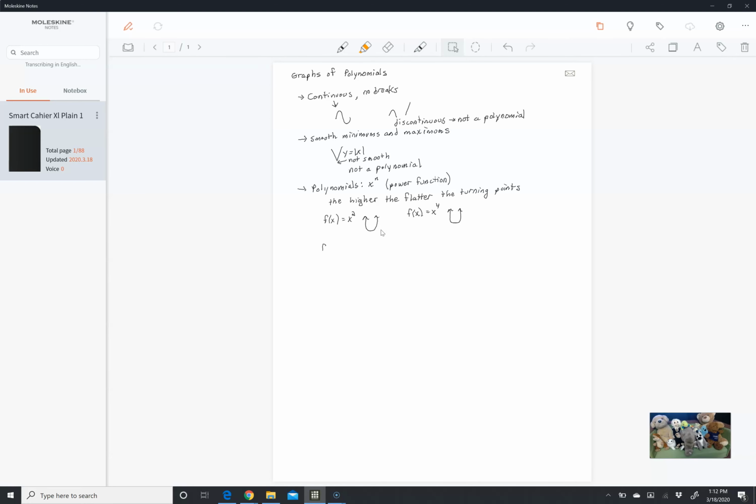If we have f of x equals x cubed, so an x cubed or cubic, if n is odd, then our function looks more like this.